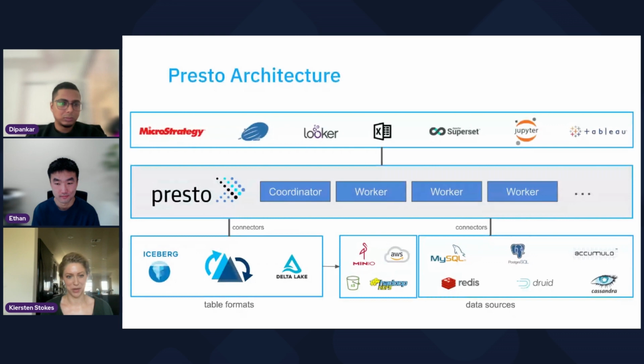And that's sort of what we see on the bottom left here. So connectors for table formats like Hudi handle accessing the underlying storage for you. So, of course, in a lakehouse setup, that's going to be object storage or HDFS potentially. But the connectors for these table formats also provide some extra functionality specific to that table format, for example, ways to view the various metadata layers that are handled by that table format.